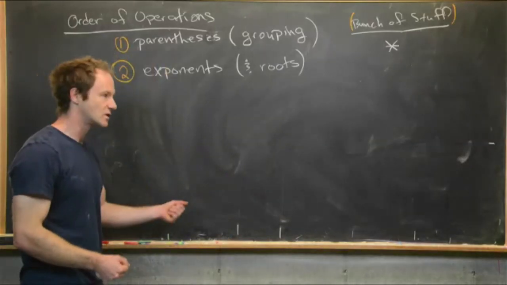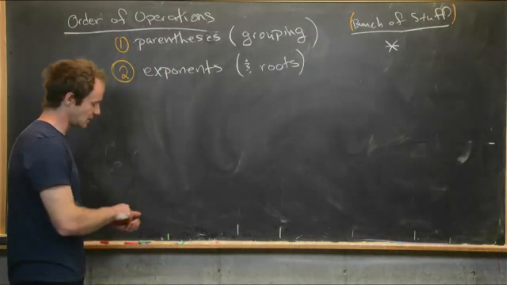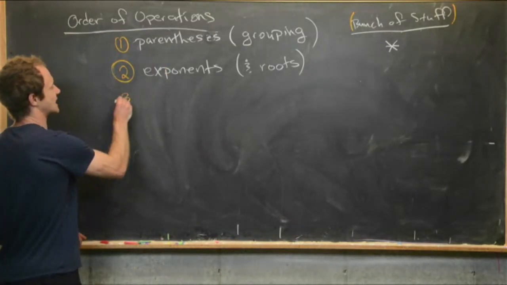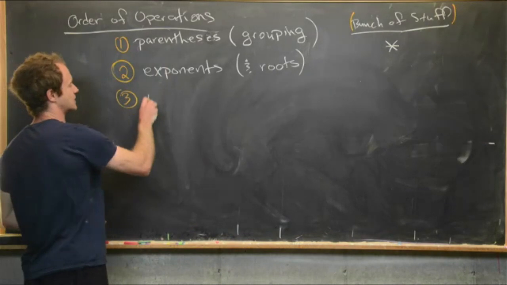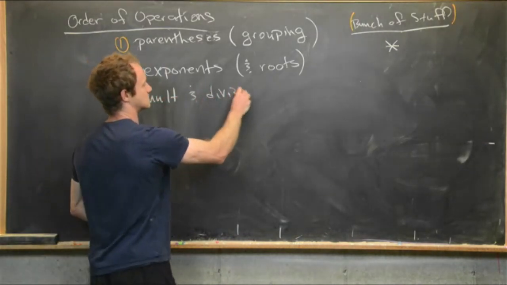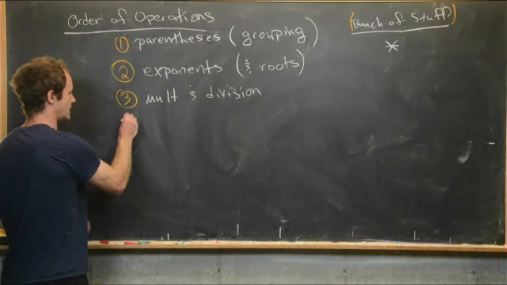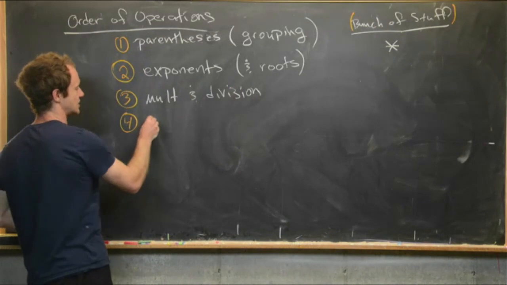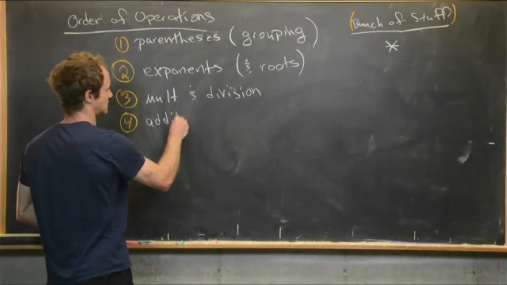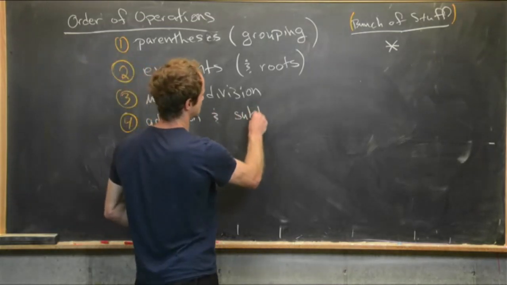So 4 to the half would be the exponent version of the square root of 4. Okay, so parentheses, exponents. And then the next thing is multiplication and division. And then the fourth one is addition and subtraction.